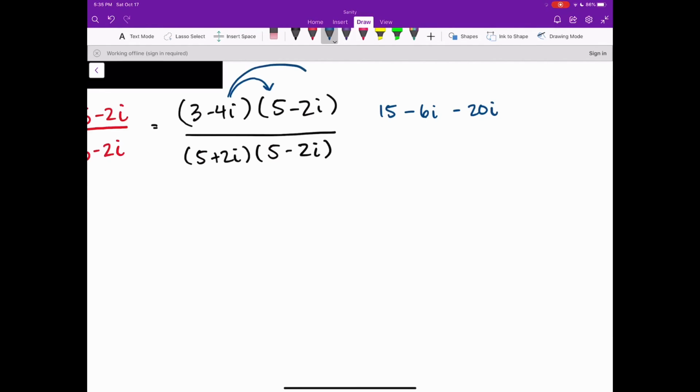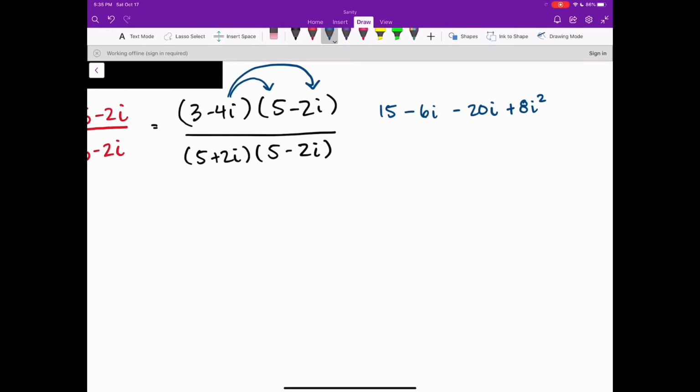Negative 4i times negative 2i. Okay, negative 4 times negative 2 is a positive 8. And we have two i's that are being multiplied to each other. So it's a positive 8i squared. All right. So after we foiled the top, it looks like 15 minus 6i minus 20i plus 8i squared.